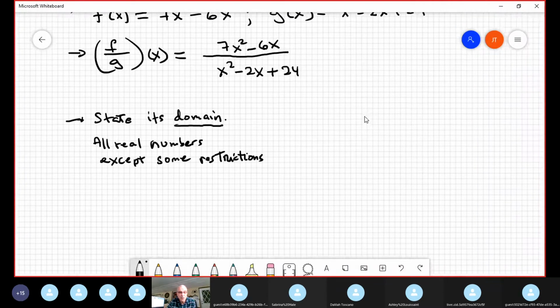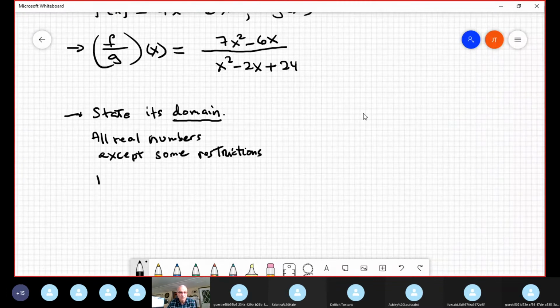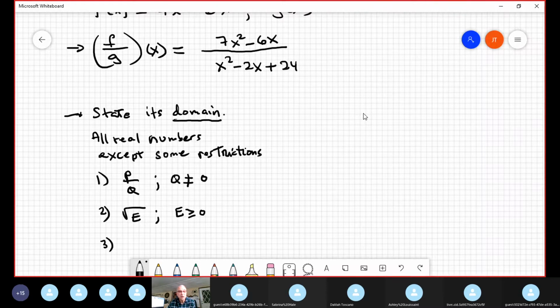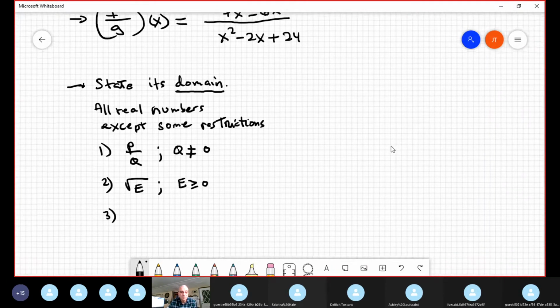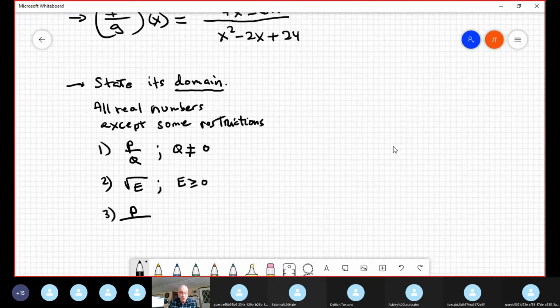Restriction number one: when you have a division, P divided by Q, so you have a fraction, it is obvious that Q, the expression in the denominator, must be non-zero, because otherwise it is undefined. Second restriction: when you have a square root, the expression inside must be non-negative, because a negative is imaginary. And number three: when you have a fraction, P divided by a radical of E, the expression E must be positive only.